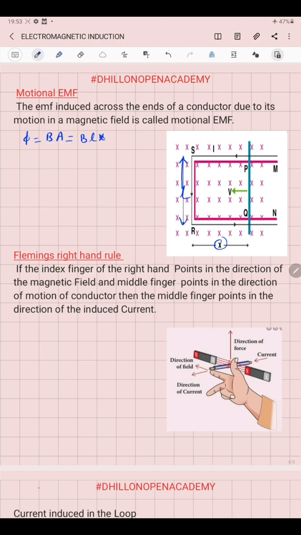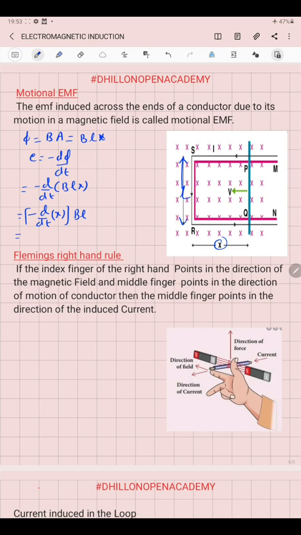Now if we use the law of electromagnetic induction, induced EMF is equal to minus d phi by dt, which will give us minus d by dt of BLx. Taking constant factors outside, we have minus dx by dt of x into BL. As the conductor PQ is being pushed toward the fixed frame RS, magnetic field is constant, the length of the frame SR is constant, so the only thing that is changing with time is x.